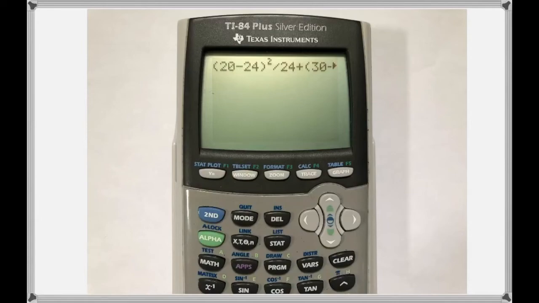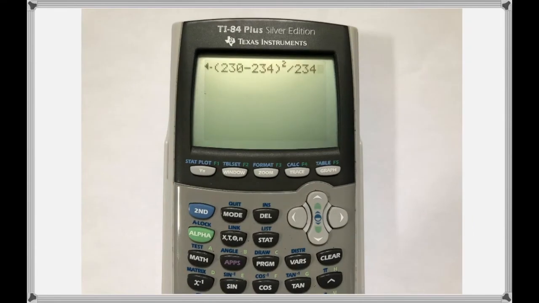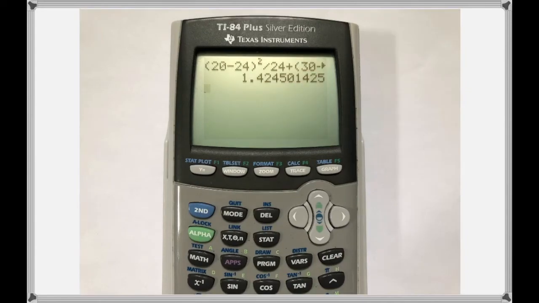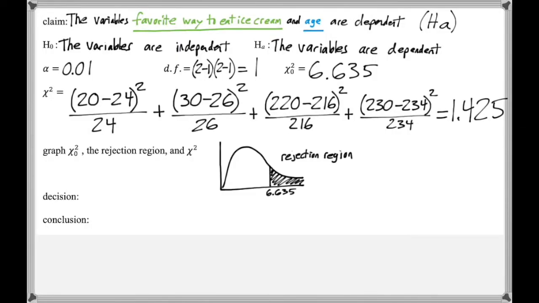On the calculator, I'm going to type this all in one line. So it's going to look like this. And it's equal to 1.425. So the picture looks like this. Chi-square would go right there.